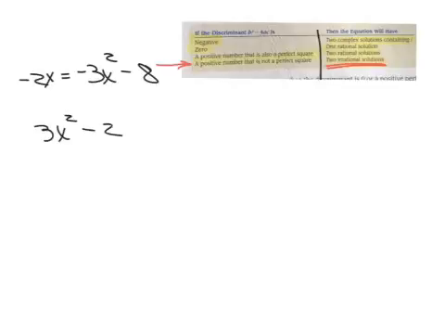What kind of roots are negative 2x equals negative 3x squared minus 8? Put it in the right form. I'm going to move everything over to the left. And b squared minus 4ac, all I care about.